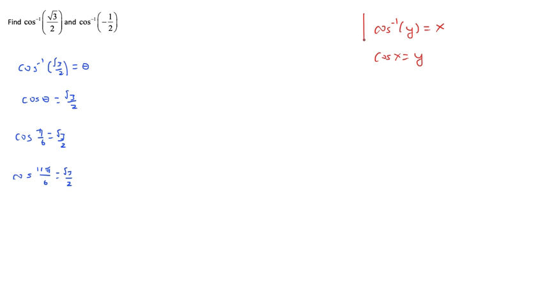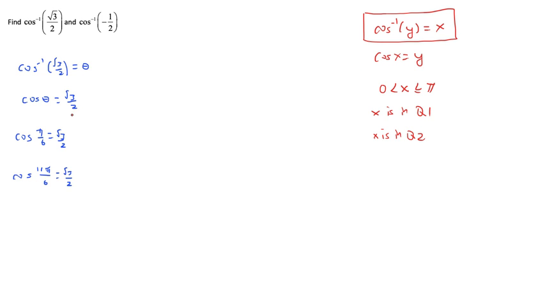But anytime you're dealing with cosine inverse, x has to be an angle between 0 and pi, which means either x is in quadrant 1 if y is a positive number, or x is in quadrant 2 if y is a negative answer.